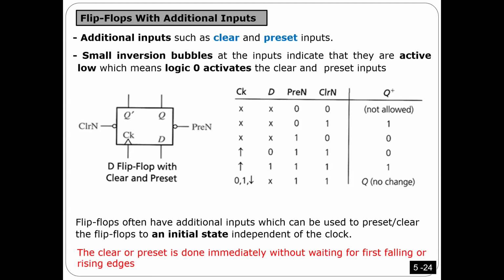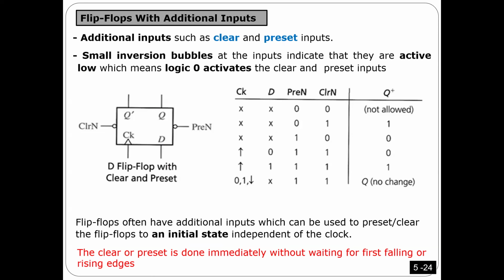Sometimes, guys, for initialization, in the very beginning, I want to clear the flip-flop. I want to start from 0. I don't want to wait until I receive a clock. I want to clear it immediately because this is initialization. Don't wait for the clock. Okay? Usually, when we work with the clock, this is the normal operation.